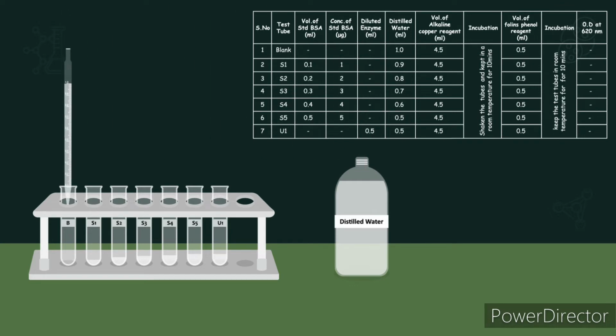You can see the tabular column clearly shows how to estimate. BSA, bovine serum albumin, is used as standard.